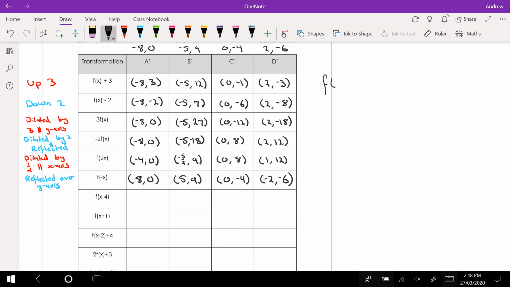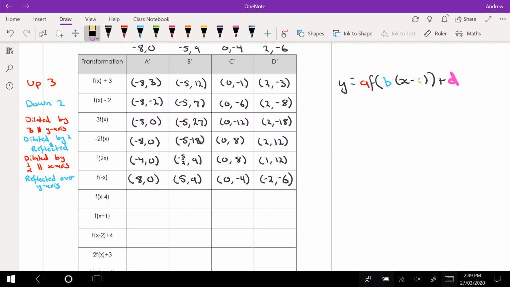So f of x equals, so a outside of f of, hold on, I'll just copy it down the way it's written. So I'll just change this f of x to y. So y equals a outside of b, x take c, plus d.